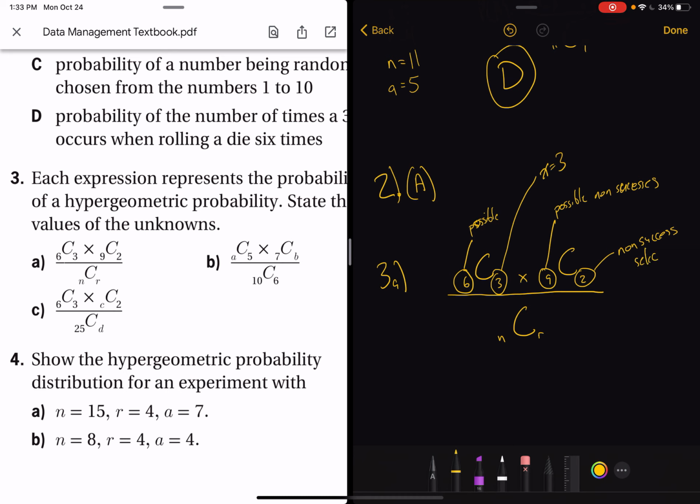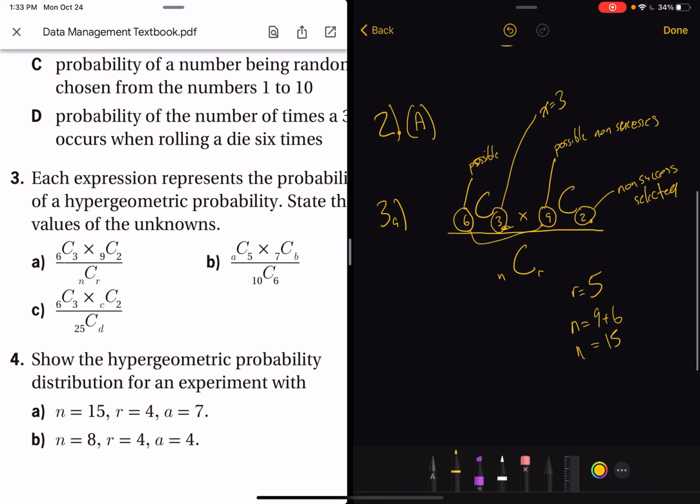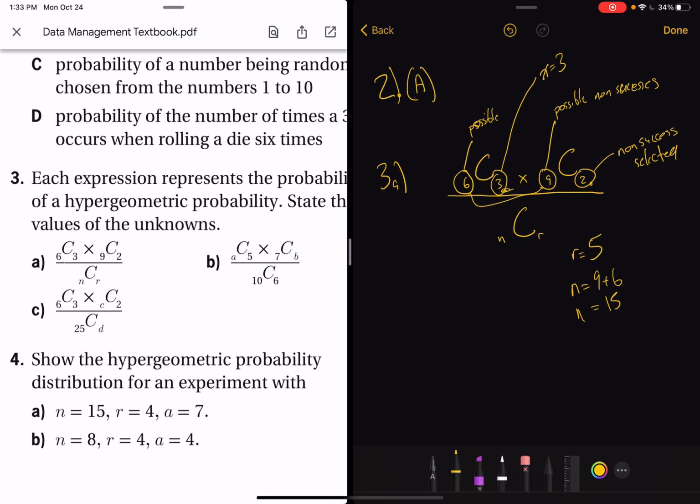So we're choosing 3 and 2. So obviously the number of trials, R, is going to be equal to 5, because we're choosing 3 and then choosing 2. And the total possible is the number of successes and non-successes, which is 9 plus 6, which is equal to 15. So in this case, N equals 15 and R equals 5.